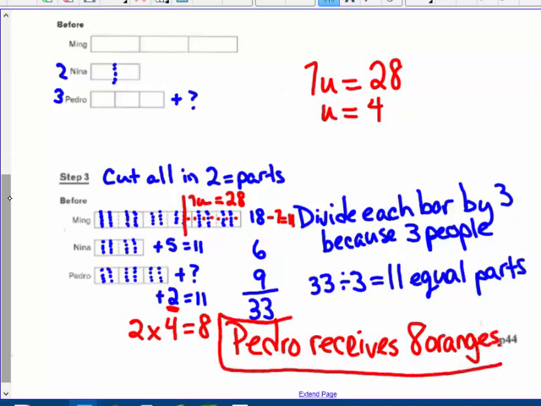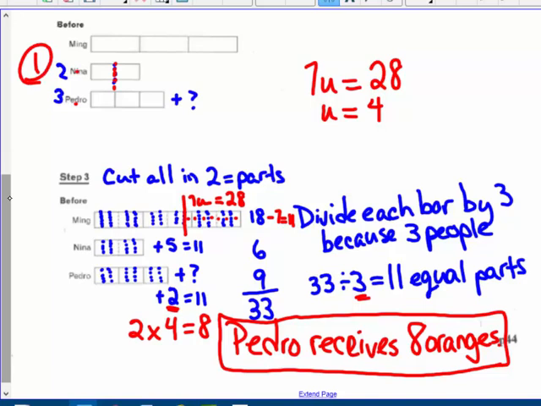Whew. Talk about cutting and moving, shifting, cutting and shifting. This is the key thing. First, you had to know that they were cut in half because Nina has to go from 1 to 2. I'm dividing it by 2. So that was step 1.